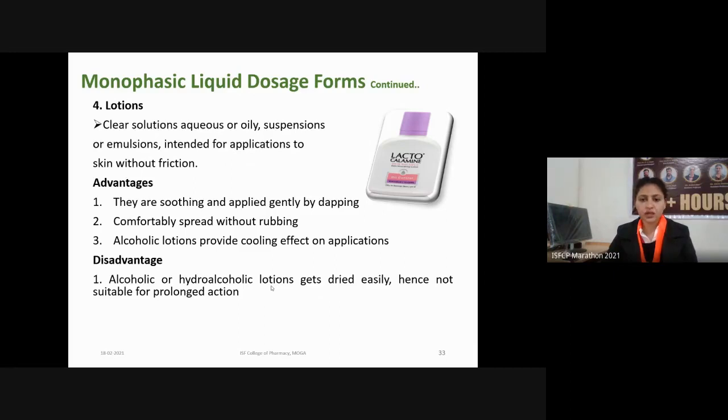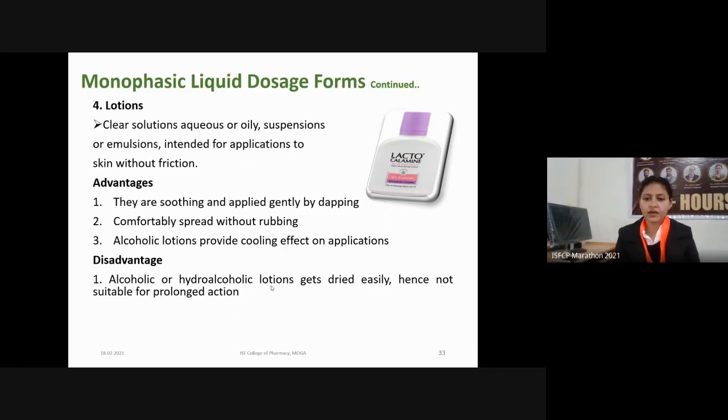Now, what are the advantages of these lotions? They are soothing and applied gently by dabbing. We can easily dab these lotions on our skin, and they are very soothing in nature. This is one of the advantages. We don't have to rub, we just have to dab that lotion on our body. Next is they are comfortably spread without rubbing. As in the case of liniments, we have seen that they are applied by rubbing.